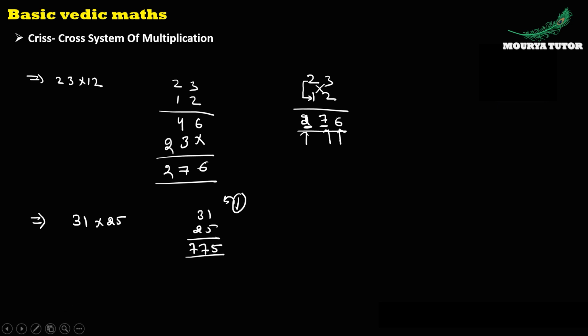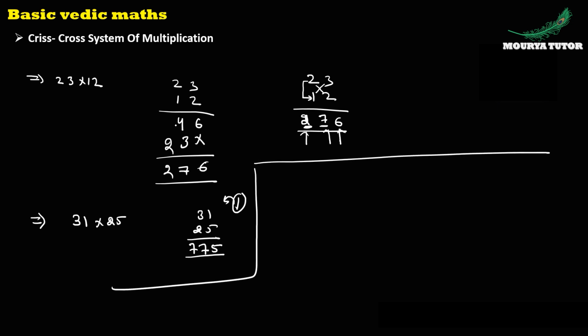Now let's pick some patterns from what we have done till now. A 2-digit number is given to you, and you need to use Vedic maths here. In the first step you need to do multiplication between these two numbers.